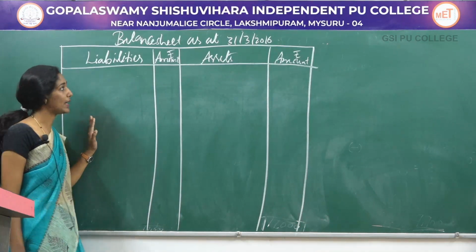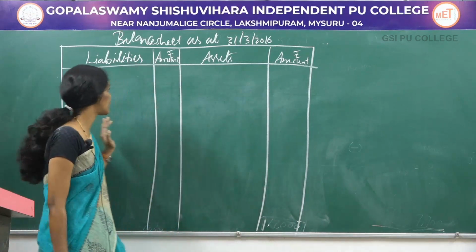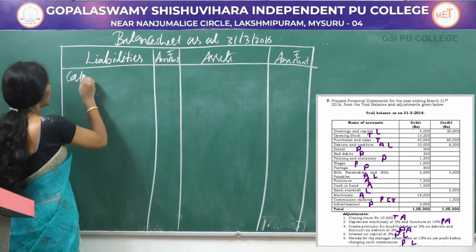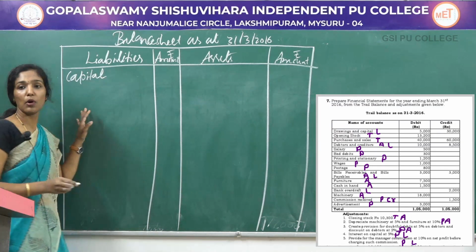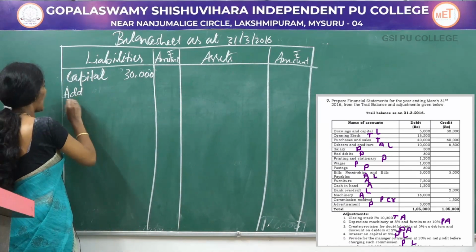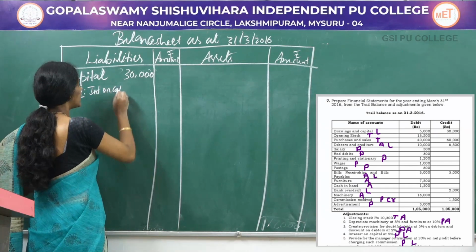So this is the format of balance sheet. Liabilities, amount on the right side, assets and amount. Let's start with the liability side. First you have to record capital. What is the amount of capital? Rupees 30,000, and add interest on capital.